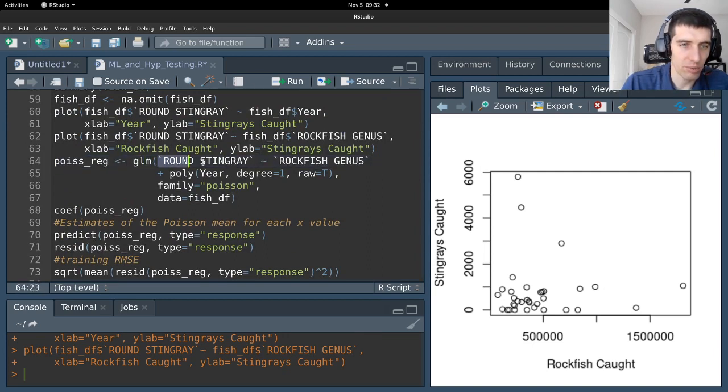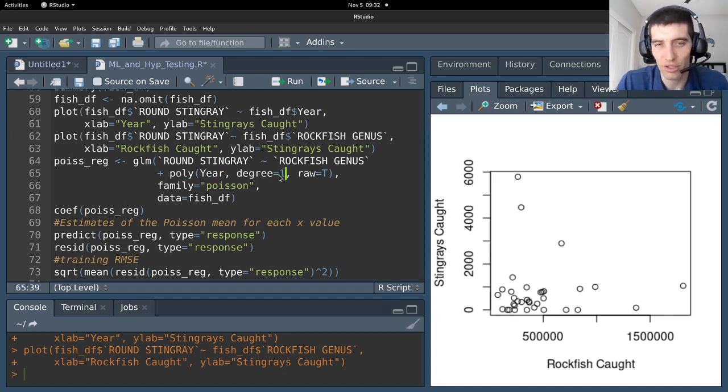So my response variable is round stingray. I'm going to use the rockfish genus as a predictor, and then here I have incorporated a little bit of extra code so I can play with this. But what I'm actually going to use is a polynomial predictor of the year variable. So this is just degree 1. So right now this is just the same as adding year on its own.